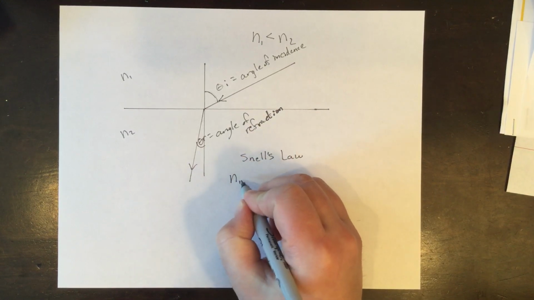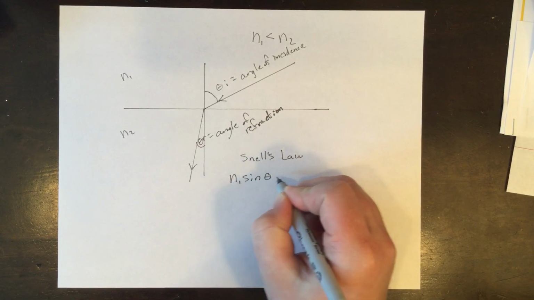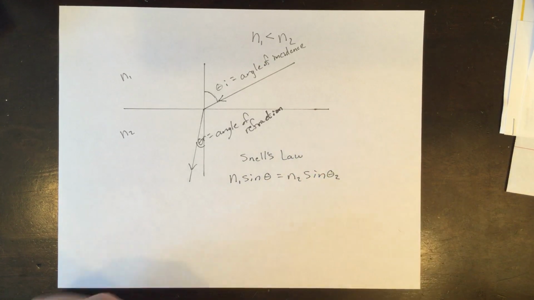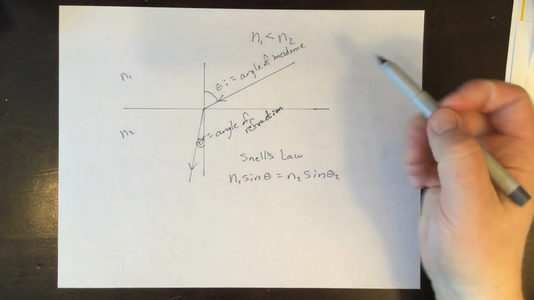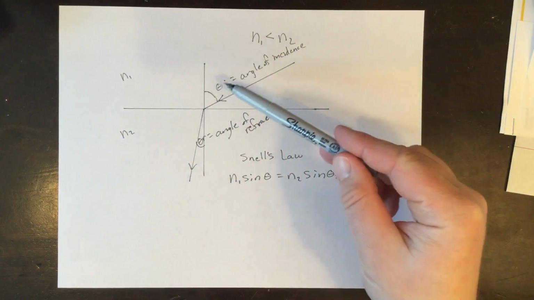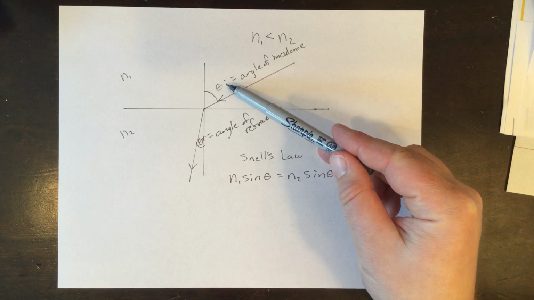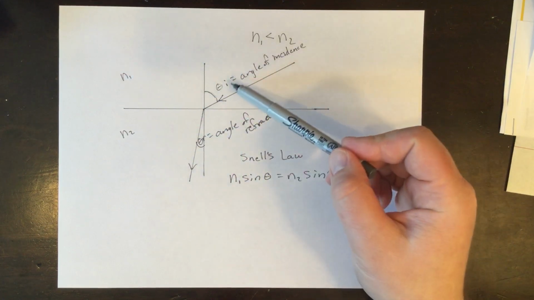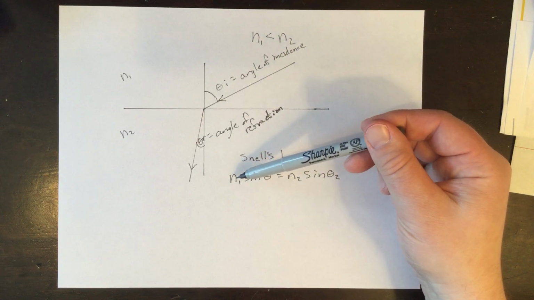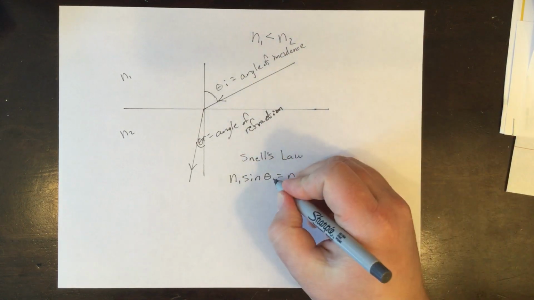So it's basically n1 sine of theta 1 equals n2 sine of theta 2. So see, it doesn't really matter which one we call 1 and 2, right? This could be theta 1, n1. This could be theta 2. We would just call that n2 then. We just have to make sure that the index goes with the correct angle.